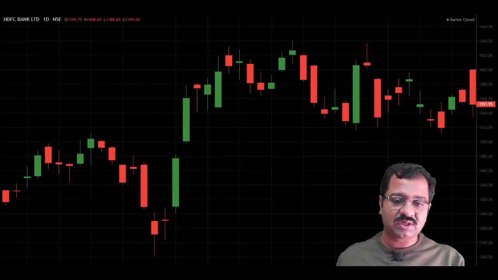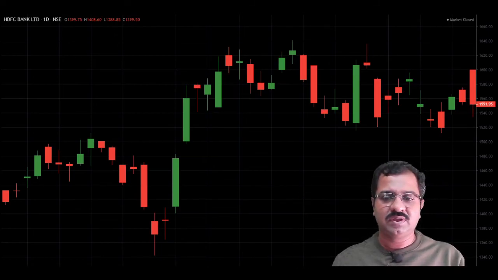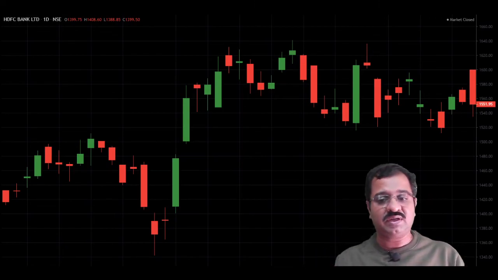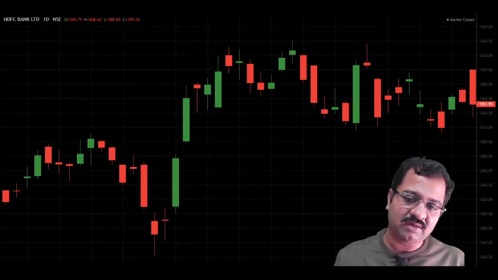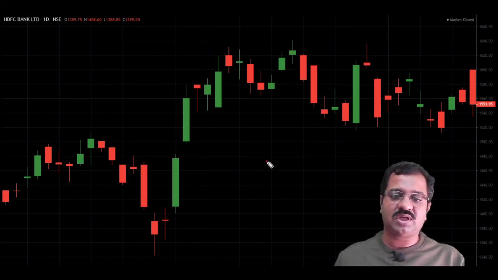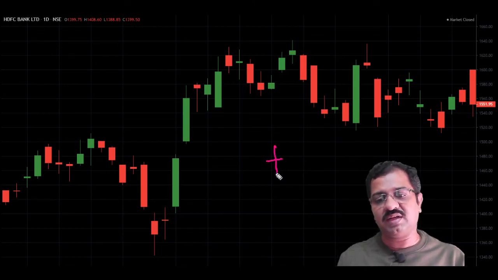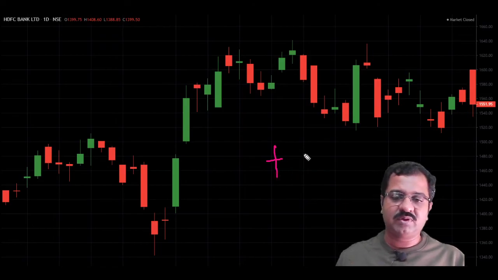See, if you see the green candles, you know the entire day prices were going up, right? If you see a doji candle, you know prices may have gone up, then came down, then again came up. So if you see a doji on the daily chart, you know this was not a trending day, it was a sideways day, because inside that, in a small time frame, something like this happened.